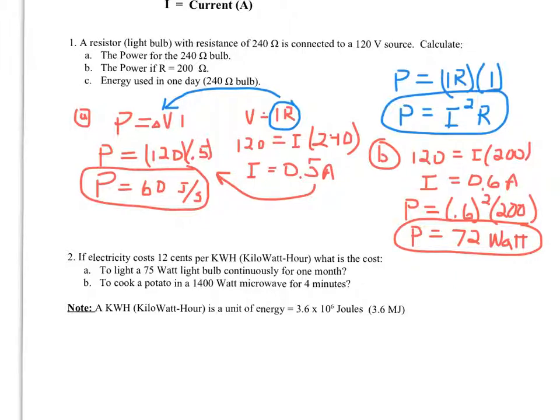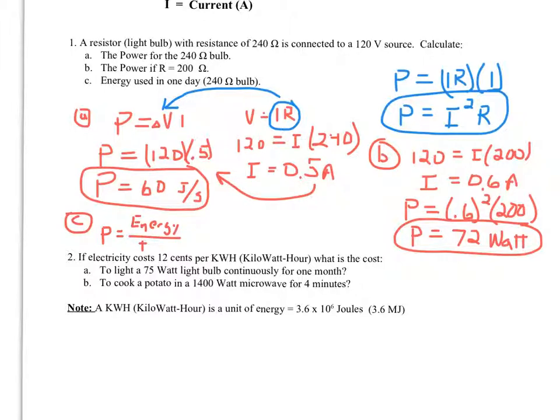Part C, the energy used in one day for the 240 ohm bulb. So going back to part A, and I'll do it underneath part A, so part C. Well, that kind of goes back to first semester. This is an equation from first semester. Power equals energy over time.